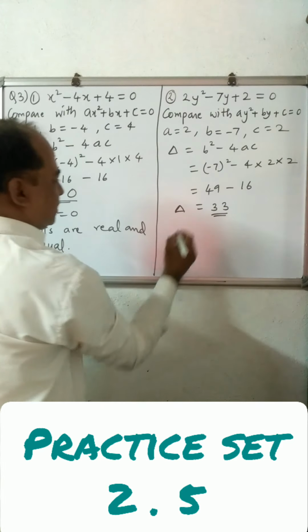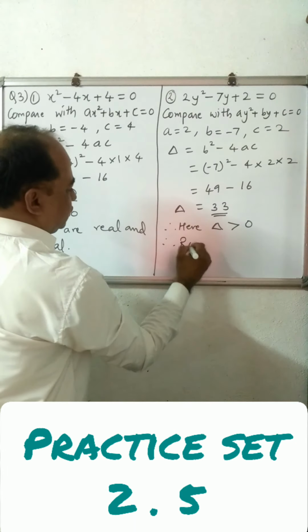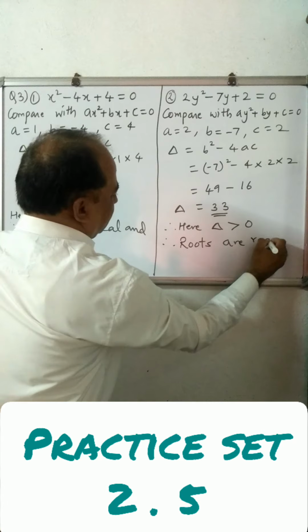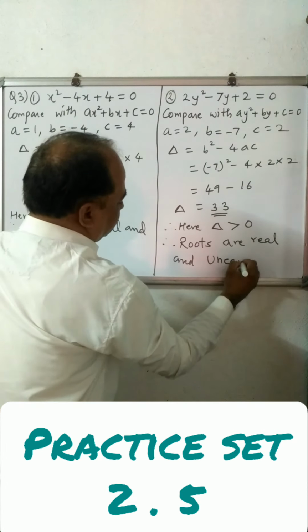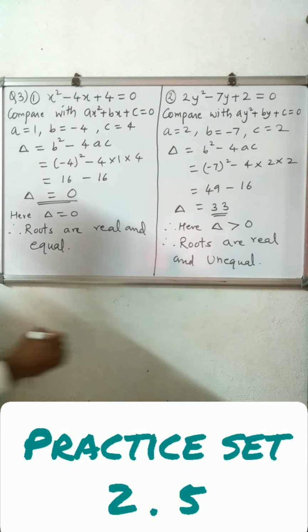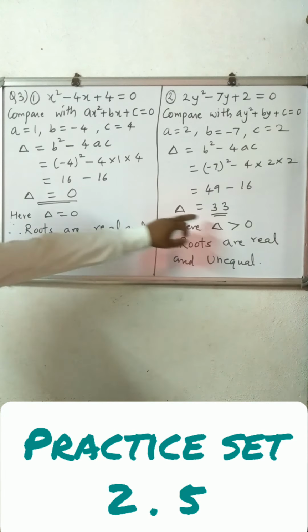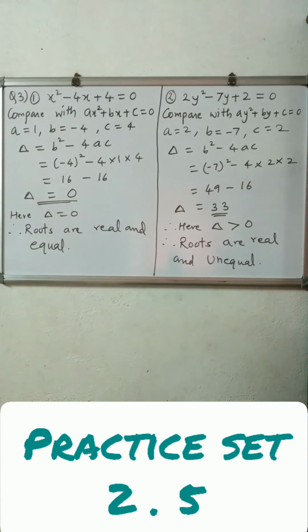Here delta is 33, which is positive, greater than 0, therefore the roots of the quadratic equation are real and unequal. So when delta is 0, that time roots are real and equal. When delta is positive, the roots are real and unequal.